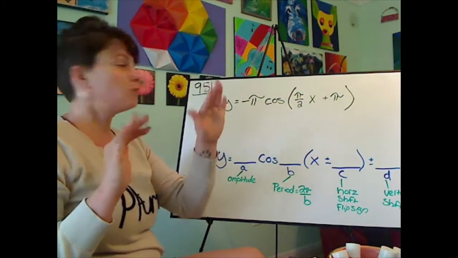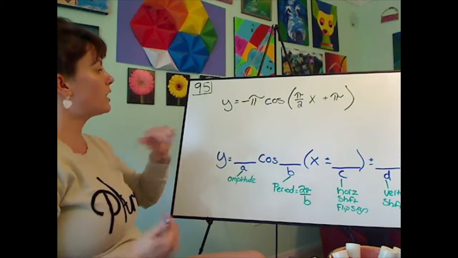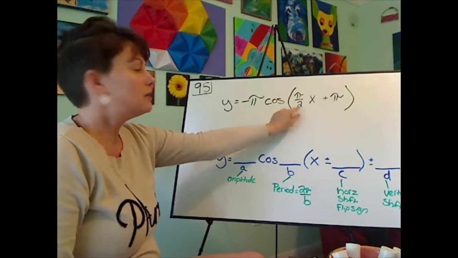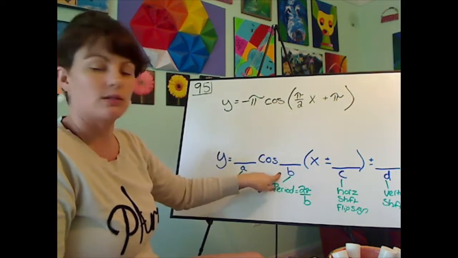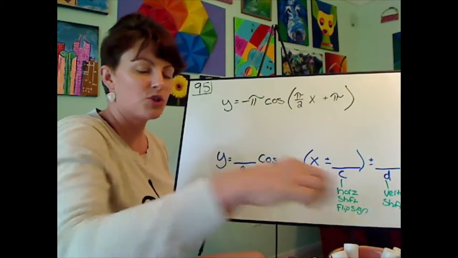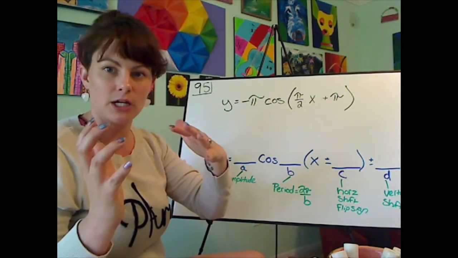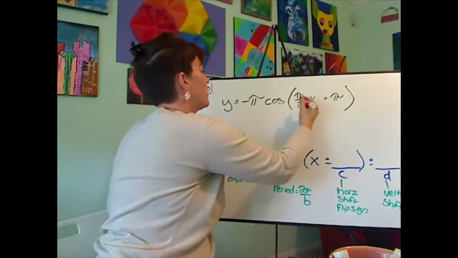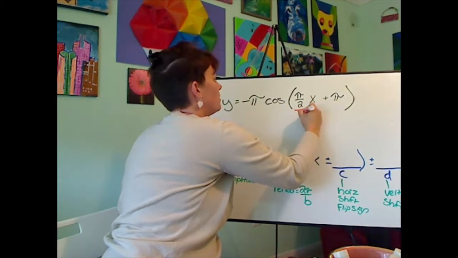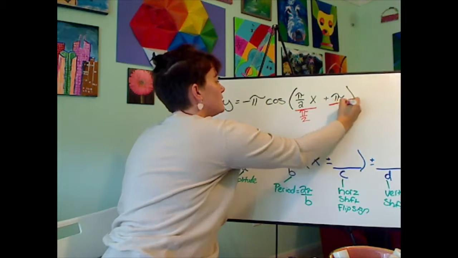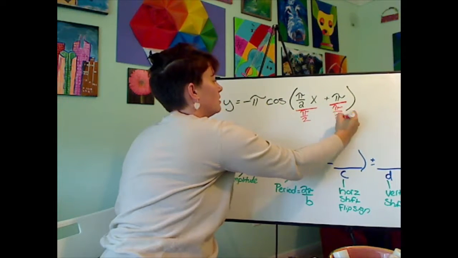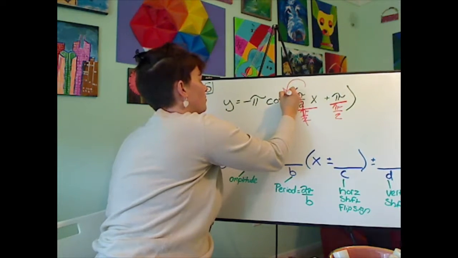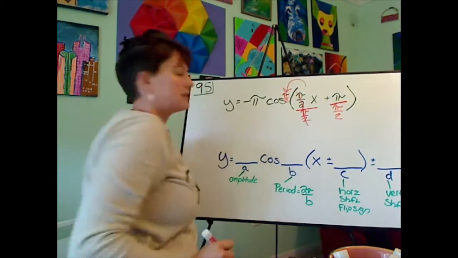So you just bring all these numbers in, but before we do that, really quick, since this value here needs to actually be outside the parentheses in order for it to count as the B value, first we're going to do a greatest common factoring to get that outside of the parentheses. So if we divide this by pi over 2, and then divide this as well to be fair, that brings your pi over 2 outside of the parentheses.